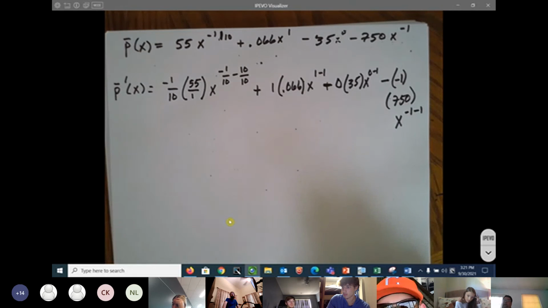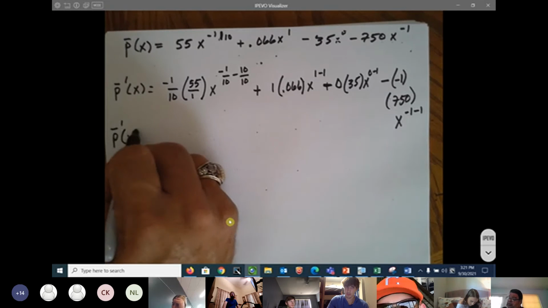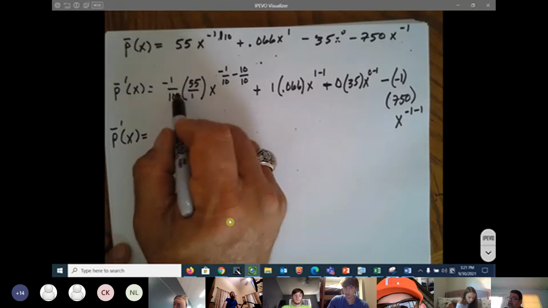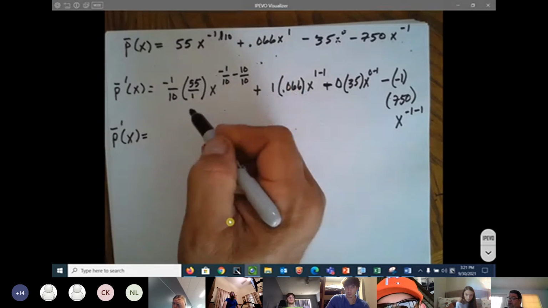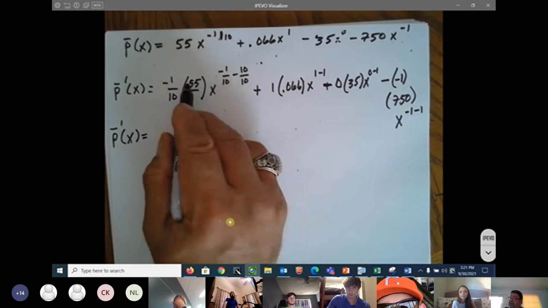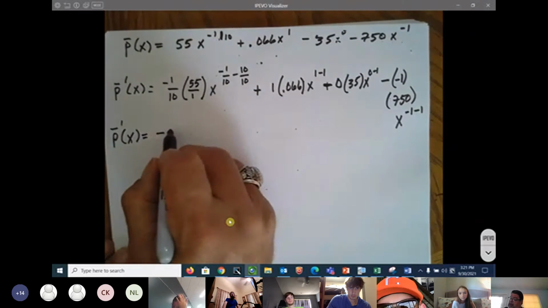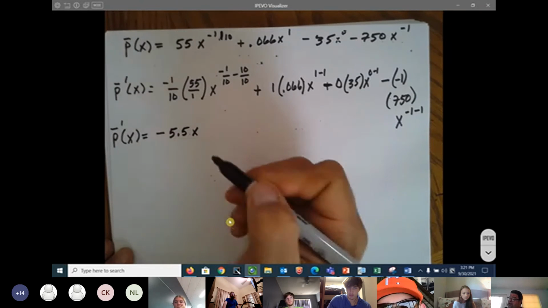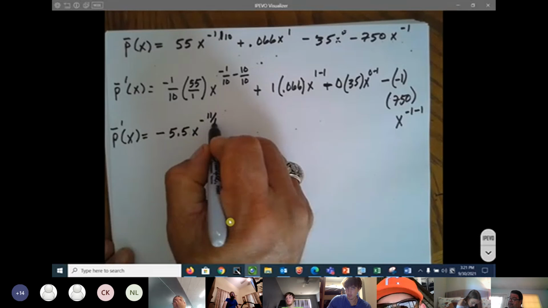P hat prime of X is equal to, well, this right here, that's going to be 5.5 if you want to get technical, or you can leave it 55 over 10, but I'm going to leave it as a decimal. Negative 5.5 X to the negative 11/10.